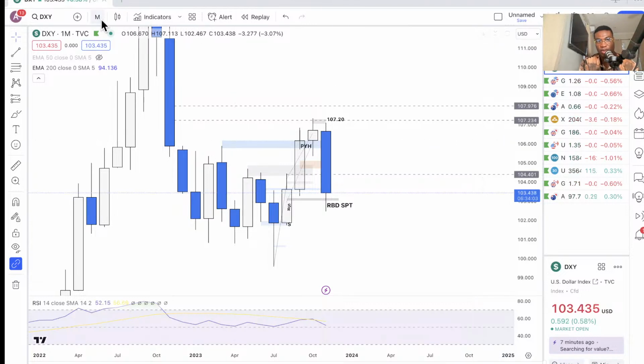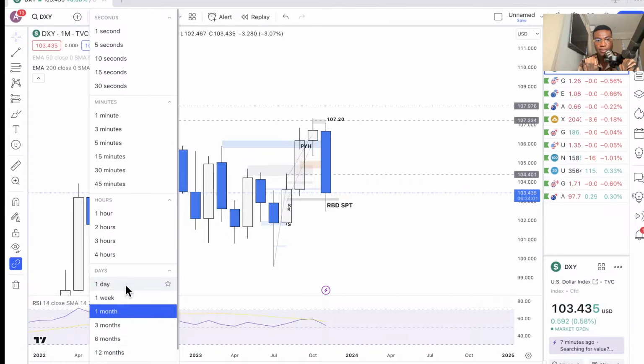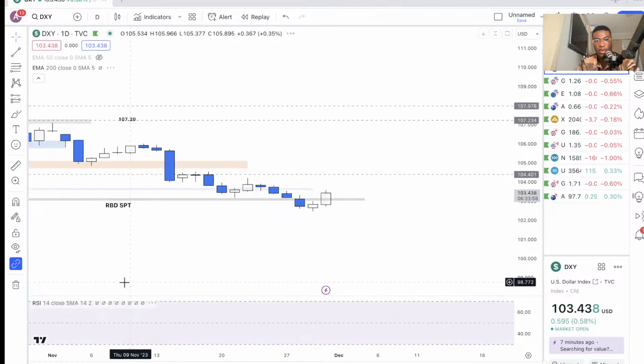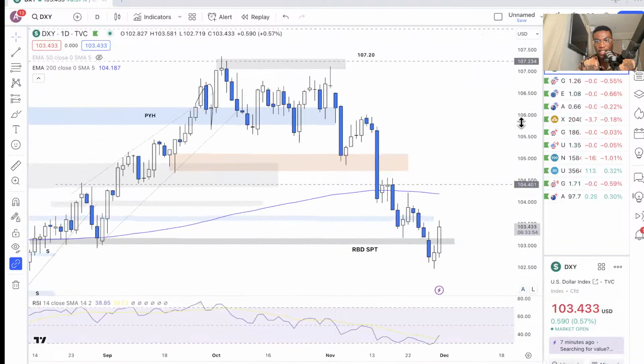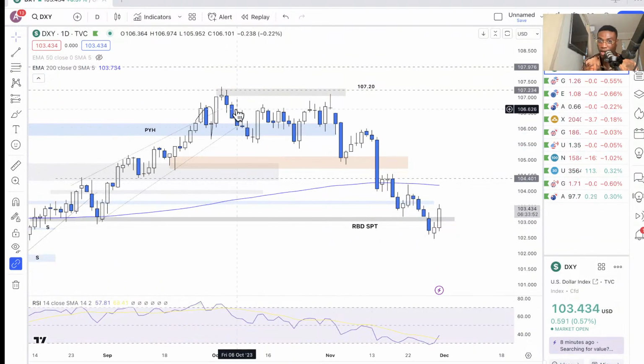So if I go to the lower time frame, let's say the daily time frame, you'll see that we've been on a downtrend, just like the monthly, right? We looked at the monthly, it's very bearish on the monthly, with the last candlestick we were looking at.